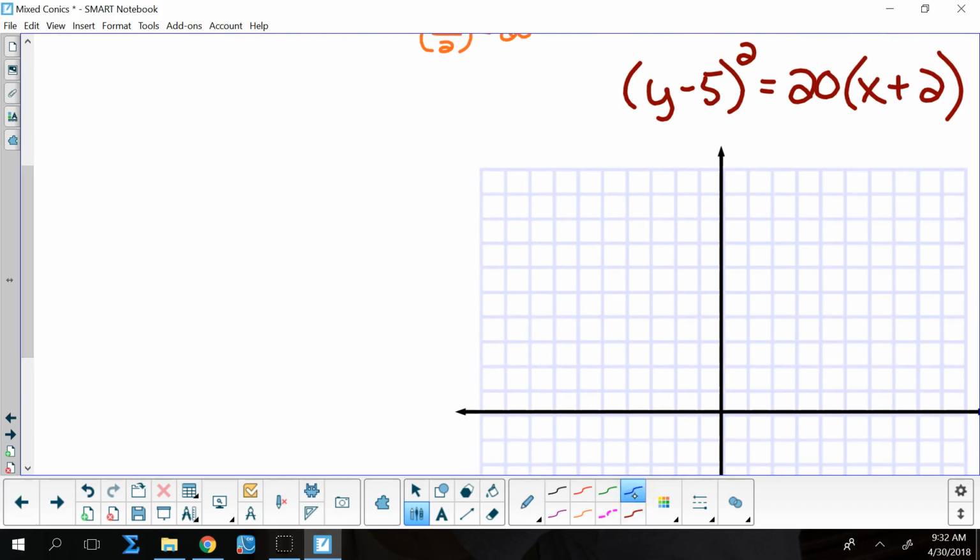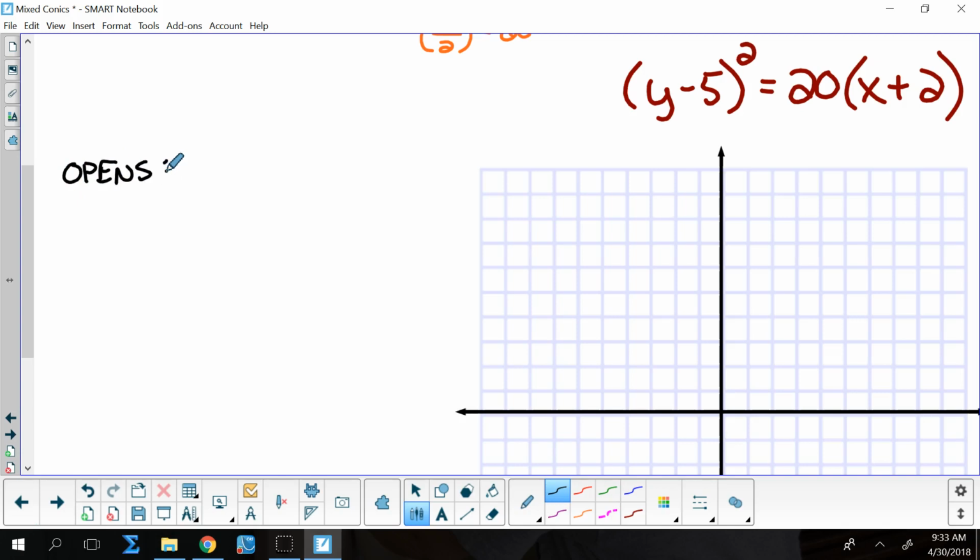Based off of your notes, and hopefully you've started making a note sheet for Wednesday's test already, what is the first thing that I need to answer? Which direction does this parabola open? Somebody other than Hannah. Which direction, Emily?